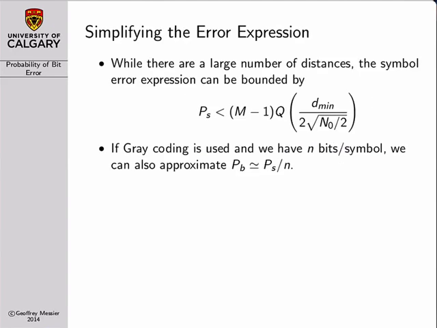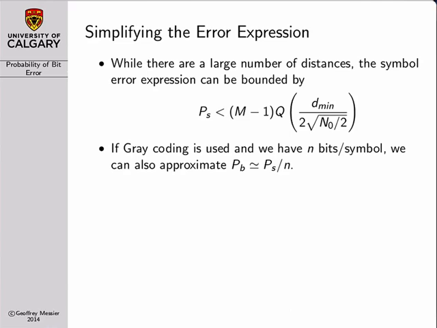So our result on the previous slide was interesting, but not particularly useful in the sense that we still need to do some extra work in order to nail down an expression for the overall reliability of our system.